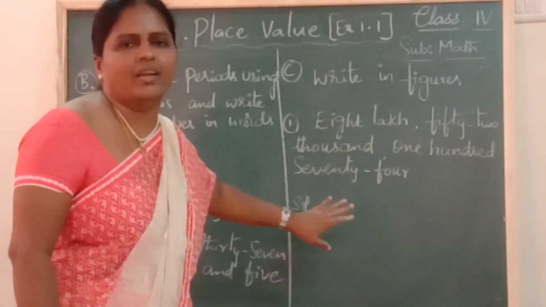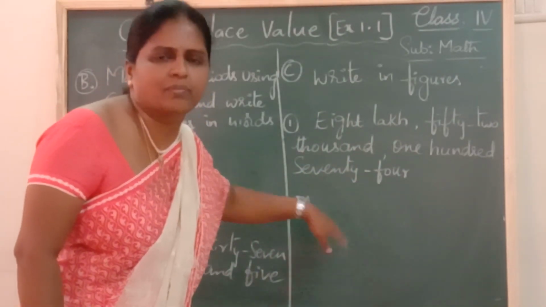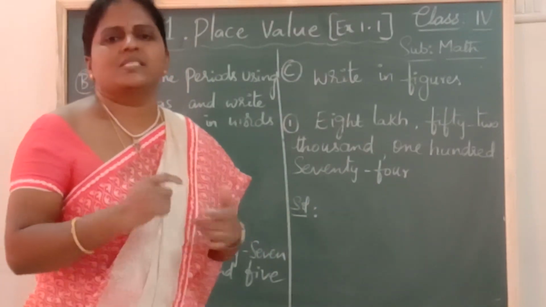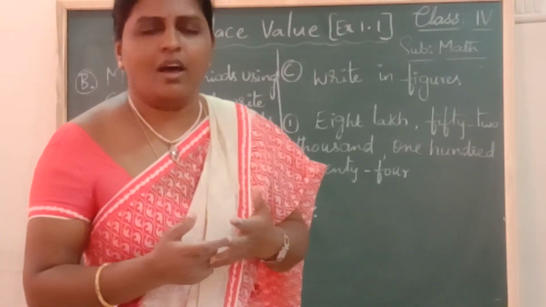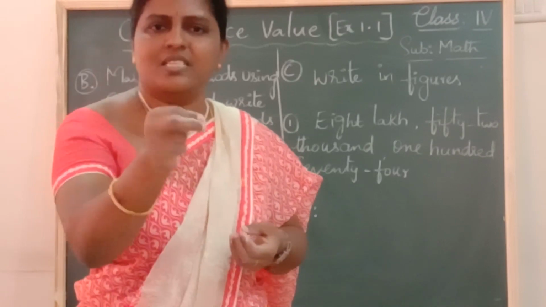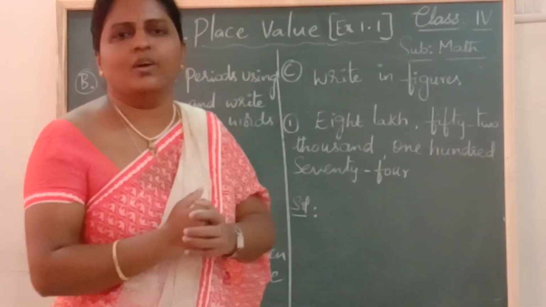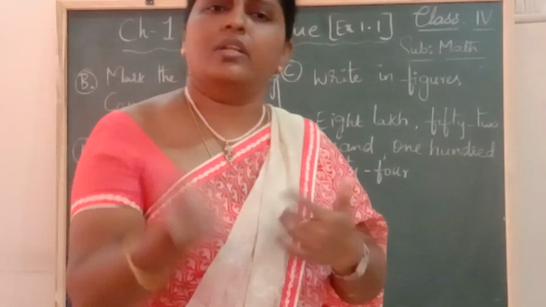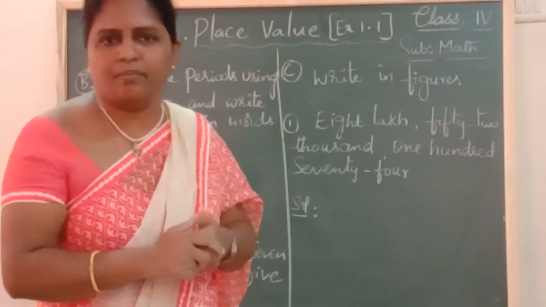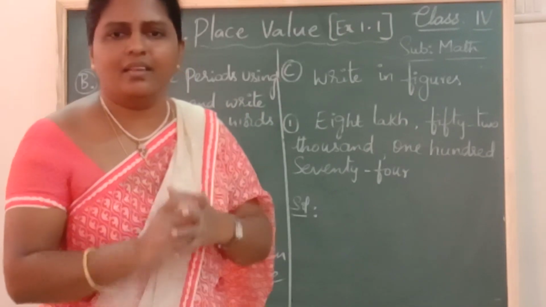8,52,174. Children, while writing the number, you have to be very careful so that you do not miss any digit in any place or put a digit in the wrong place. So I suggest you first write down the places you know, so that you can write the number after writing the places and will not make any kind of mistake.